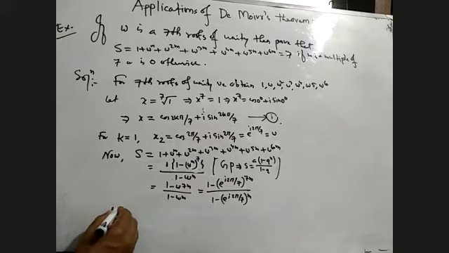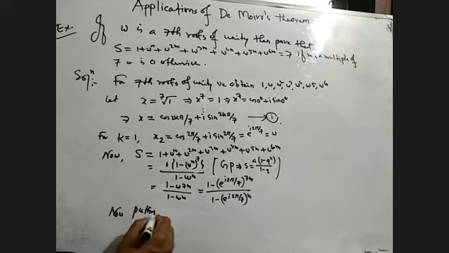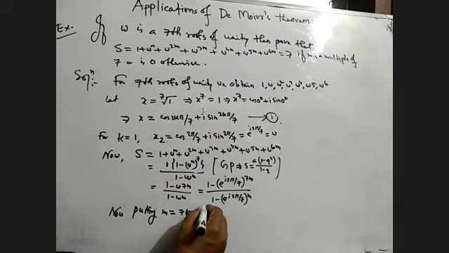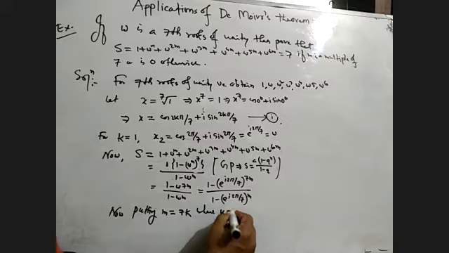Now putting m equals 7k, where k belongs to Z, an integer.